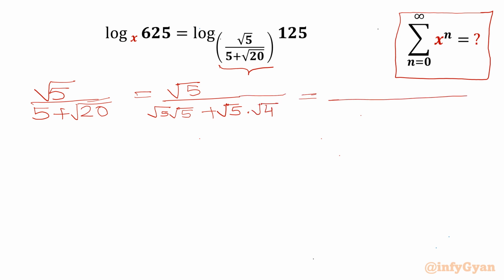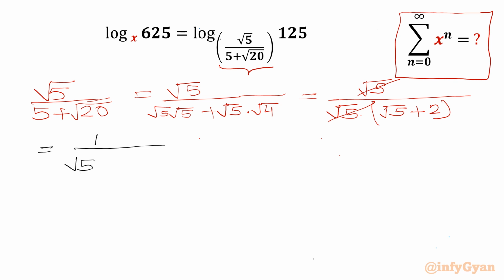Now let us take root 5 common from the denominator. So in the bracket we'll have root 5 plus root 4, which is 2. Now root 5 and root 5 will be cancelled out. So we can write it equal to 1 over root 5 plus 2.